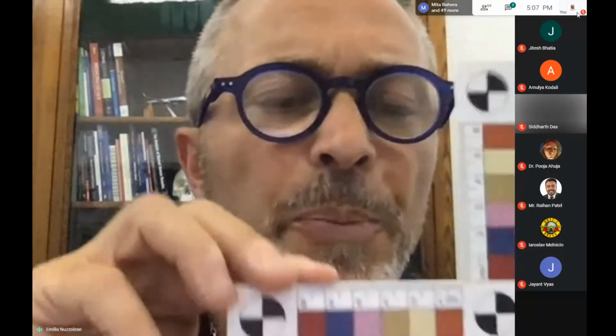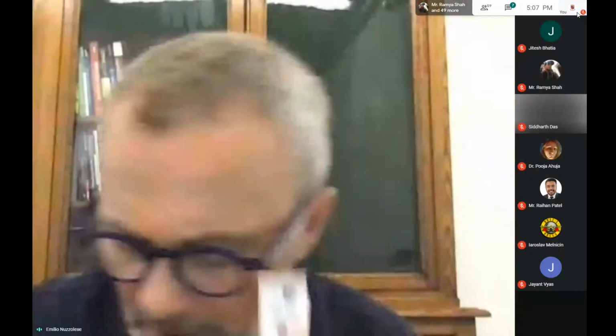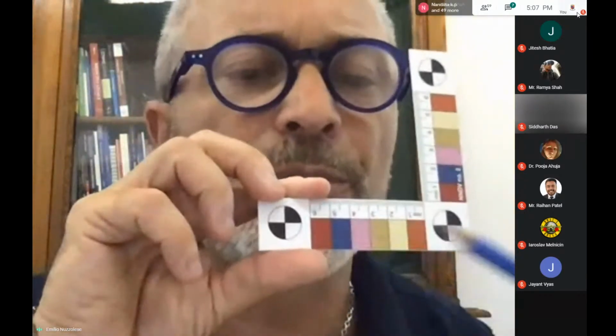The purpose of this ruler was to incorporate these colors inside it, allowing better performance of forensic photographic imaging, because this ruler is meant to be used on a living individual.